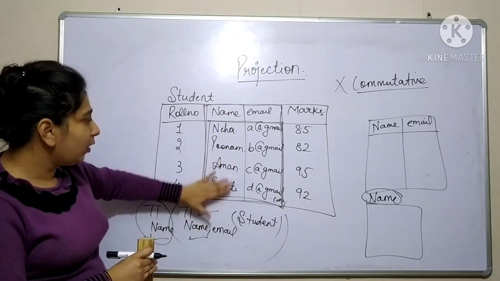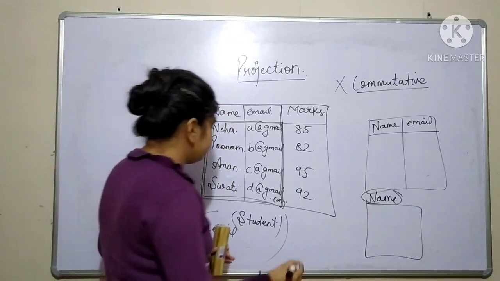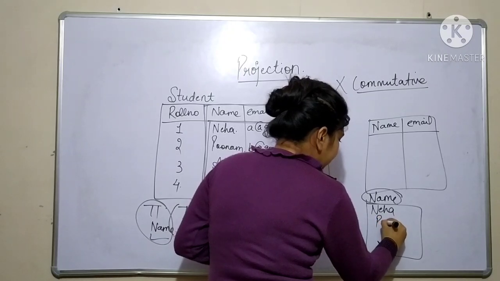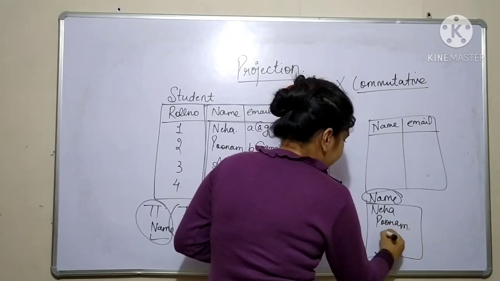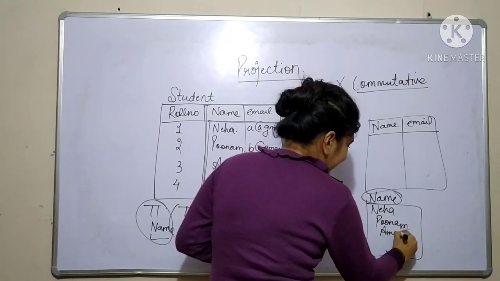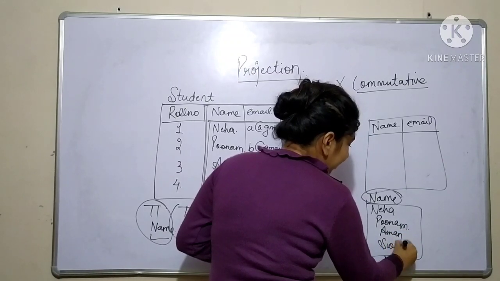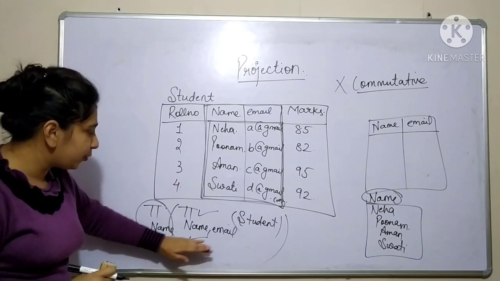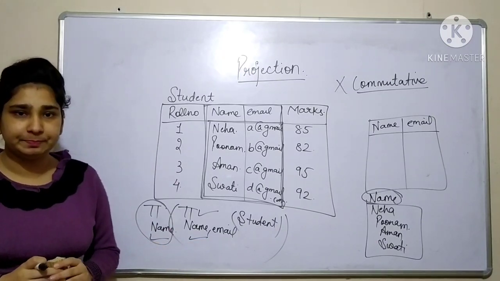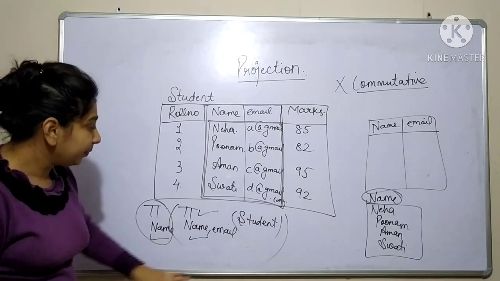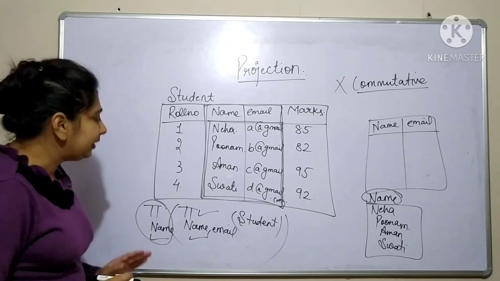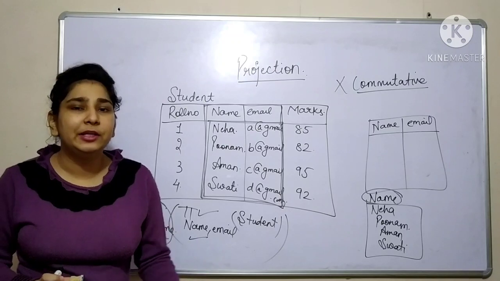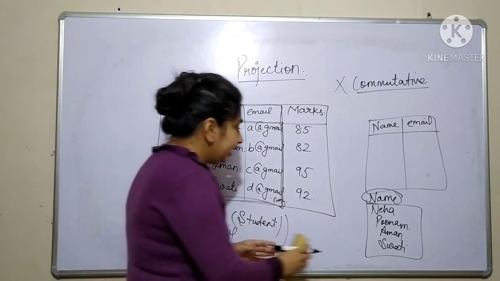I would get all these 4 names: Neha, Poonam, Aman and Swati. This is going to be my output if I perform these 2 projection operations. So as I told you, it is not commutative. What is the meaning of commutativity?